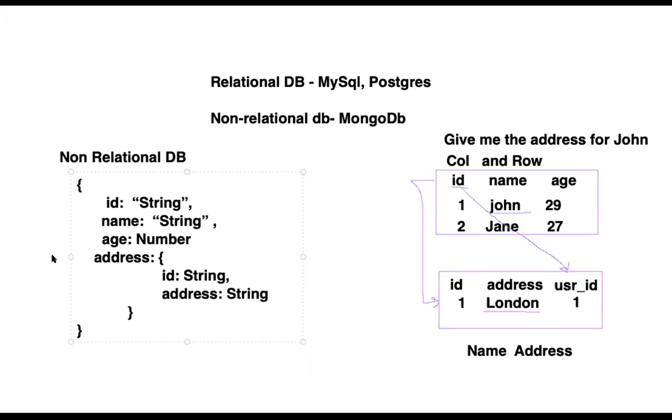So if I want to access anything from this database, what I could do is I could go ahead and say dot ID or dot address dot string. तो ये जब save होगा, this will be called as a document. So in a non-relational database, we don't call it as tables, we call it as documents. So this is a document. Okay.